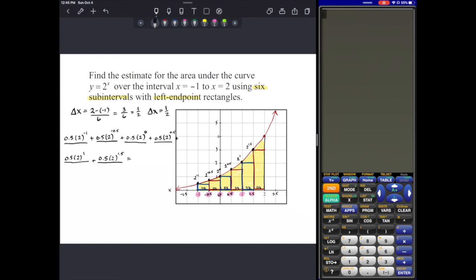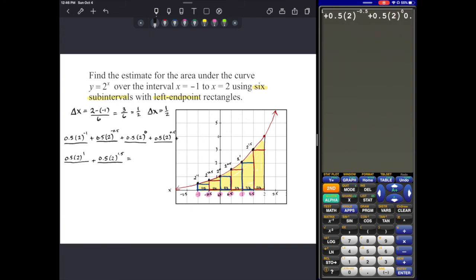And we'll just start typing it in. Just take your time when you're doing it. 0.5 times 2 raised to the power of negative 1, arrow over, plus 0.5 times 2 raised to the power of negative 0.5, arrow over, plus 0.5 times 2 raised to the power of 0. I guess I didn't have to put that in. I could have just calculated that, but that's fine.